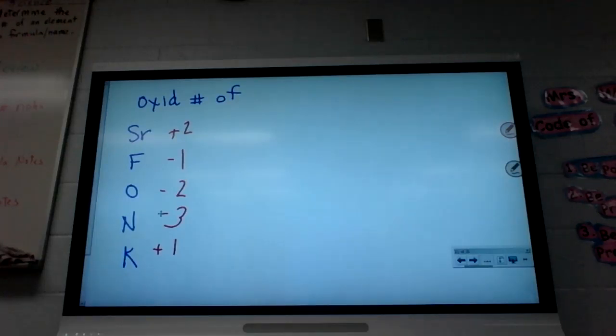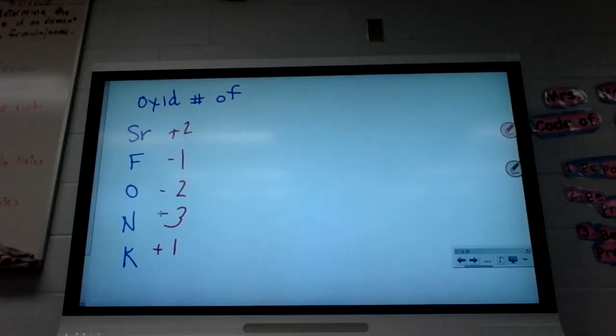Okay, so the atomic number is 20. So how many protons would it have? 20. How many electrons would it have? How many valence electrons would it have? 2. It would have 2 because it's in what group? It's in group 2. All right, skip the column that says type of ion for just a second.